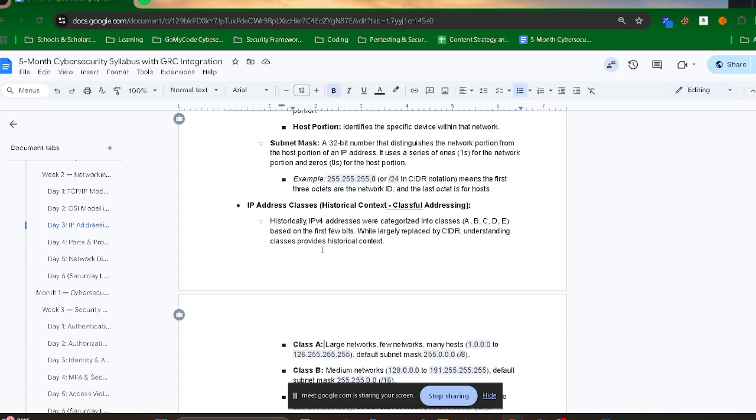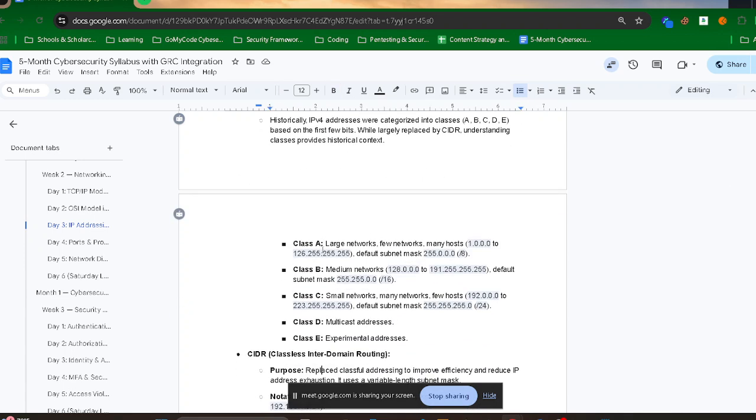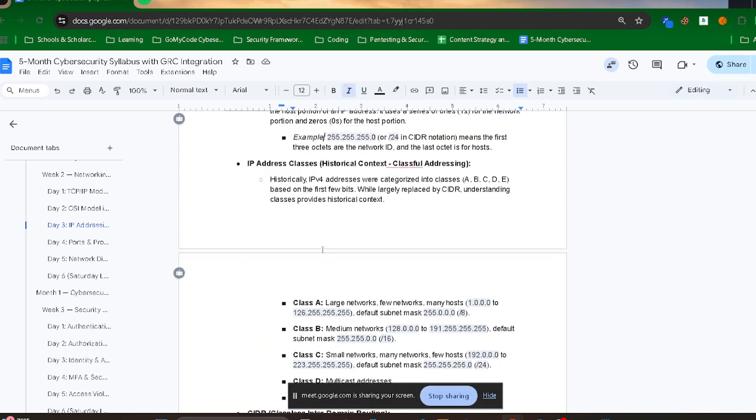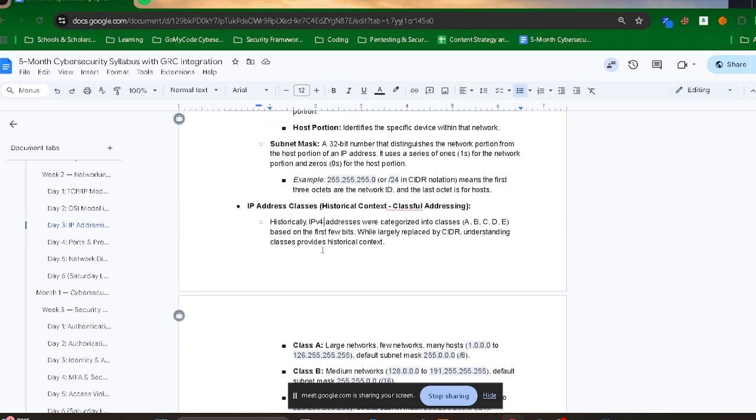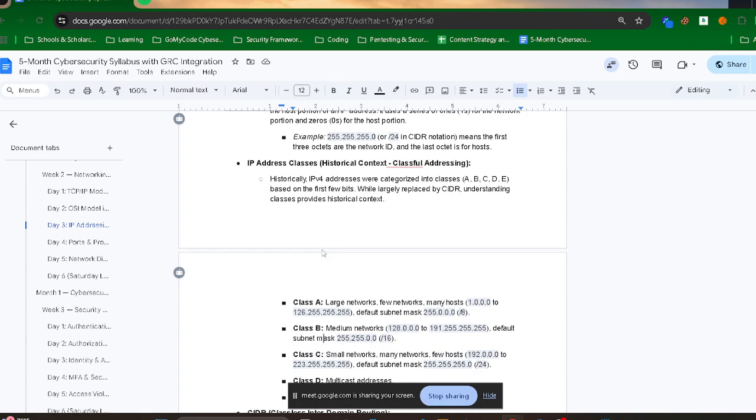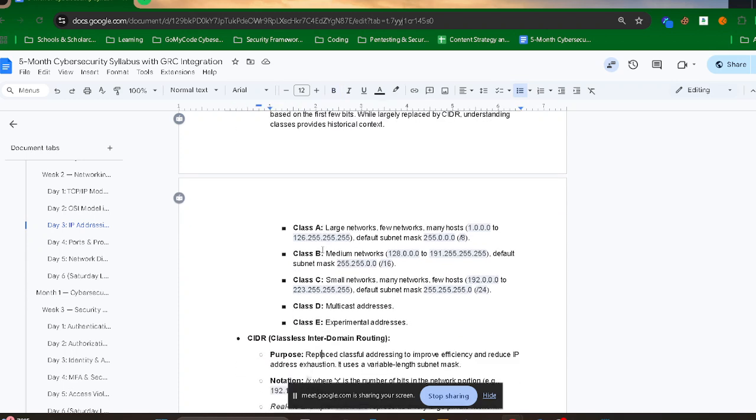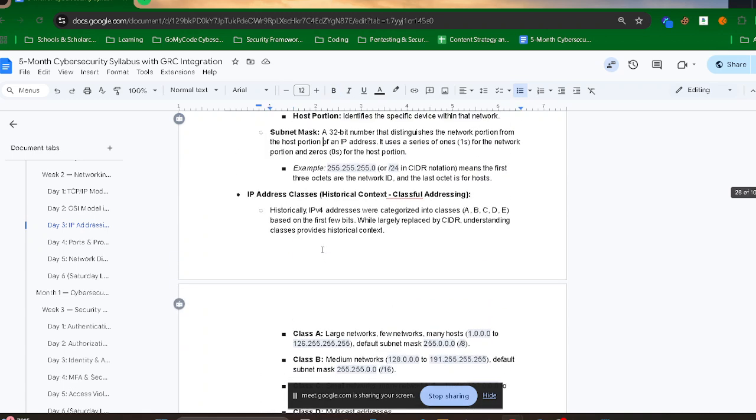IP address classes. We have, I think, five classes of IP address here, but usually only class A, B, and C are the common ones that are used.